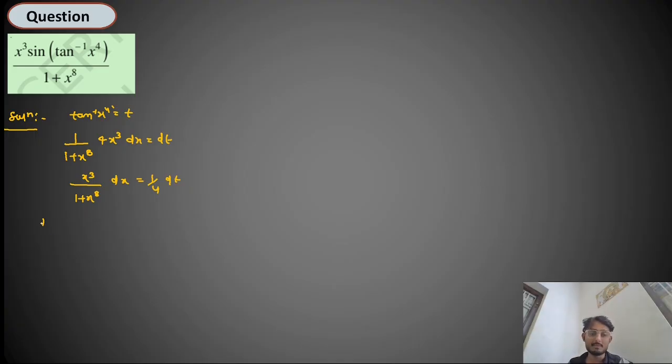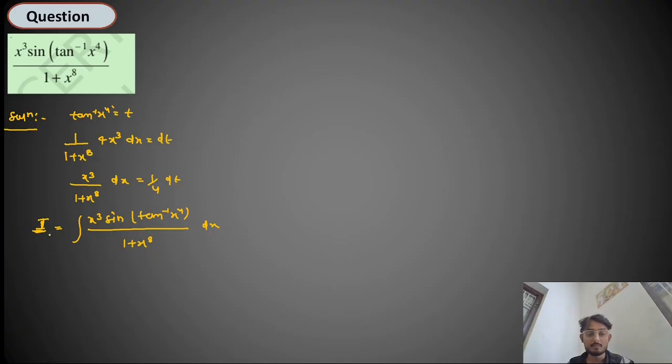Here I is given as integral of x cube sin tan inverse x to the power 4 upon 1 plus x to the power 8 dx.